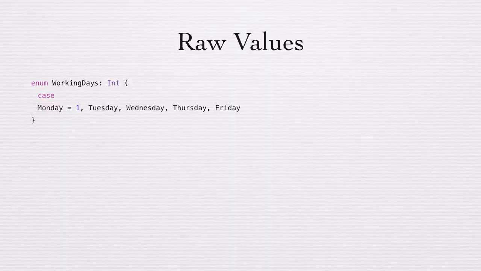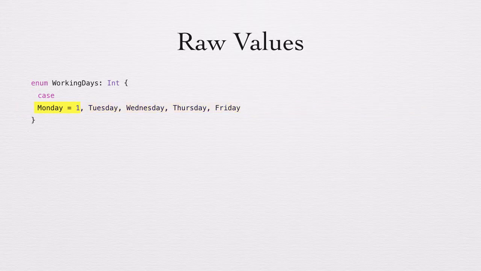Now, I will describe the concept of raw values in Swift enumerations. Consider the declaration of working days enumeration shown here. Here we explicitly declare that members of this enumeration will be of type integer. We declare 5 members Monday through Friday as in our earlier example.